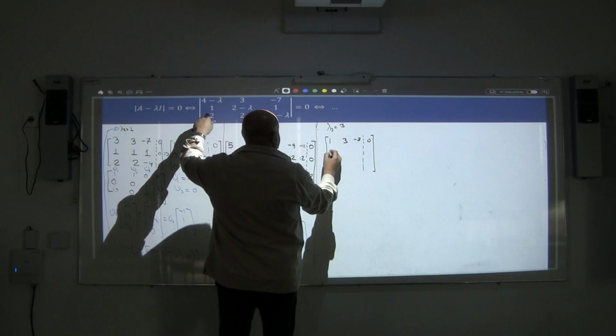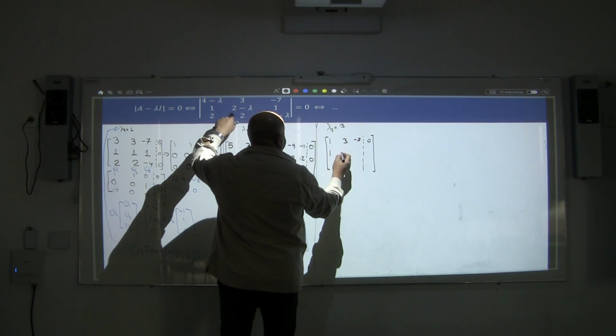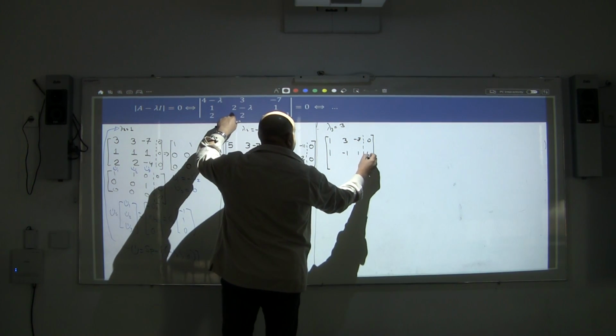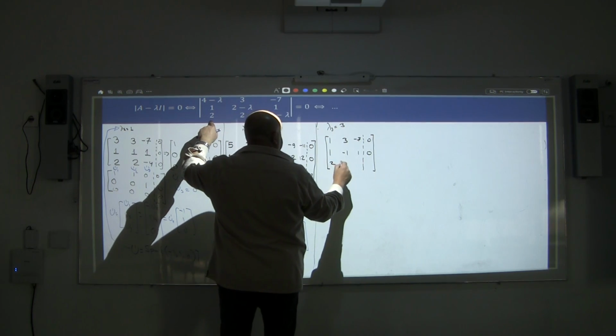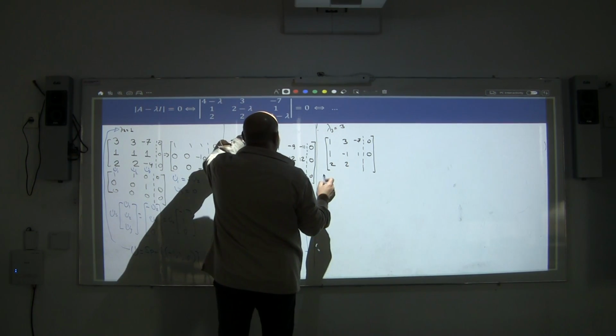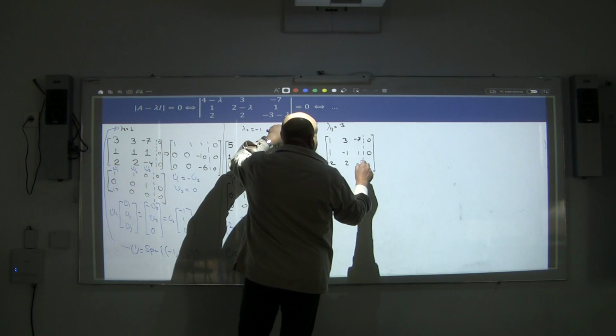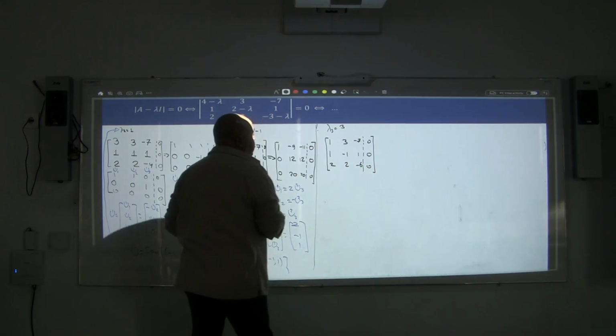For the second row, it's going to be 1, 2 minus 3 is going to be negative 1, positive 1 and 0. For the last row, it's going to be 2, 2, then negative 3 minus 3 is going to be negative 6, equal to 0.